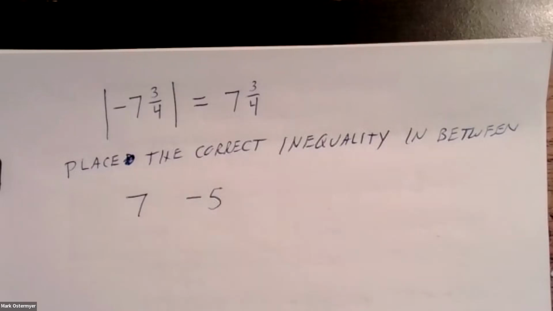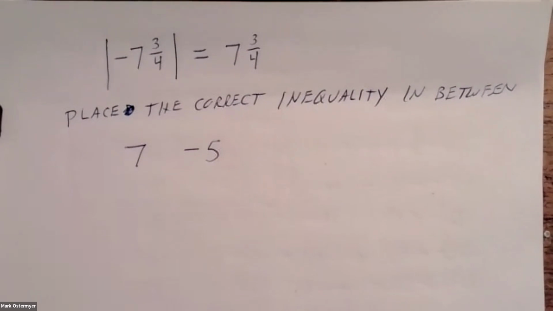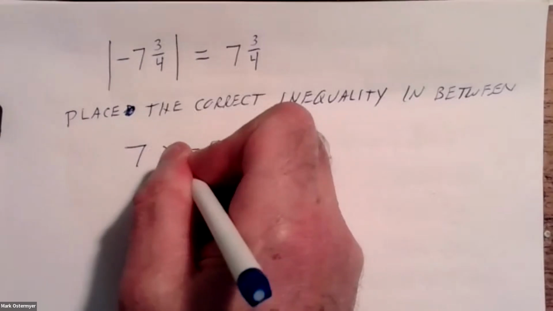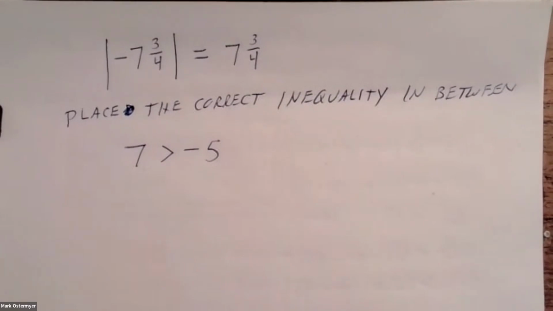To make this a true statement, how would I have my inequality oriented? What number does it point towards? Which number is greater? Which one's smaller? It'll point to negative 5. So negative 5 is less than 7, or 7 is greater than negative 5. Is that correct? Yes. See how we did that there?